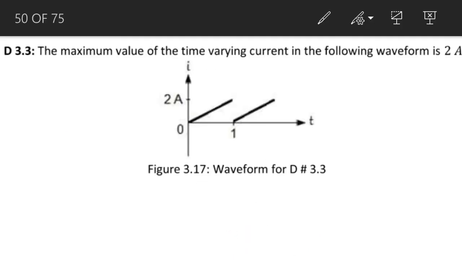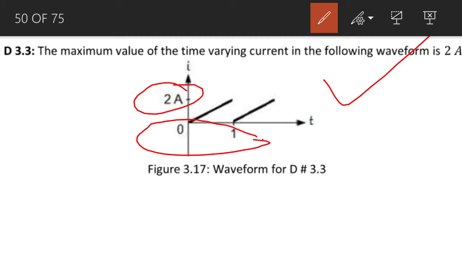In this particular numerical example, we consider a time varying current. If you look at the diagram, the current varies with respect to time, and the maximum value of the current is 2 ampere. And if you look at this pattern, you see this pattern repeats itself after 1 second.